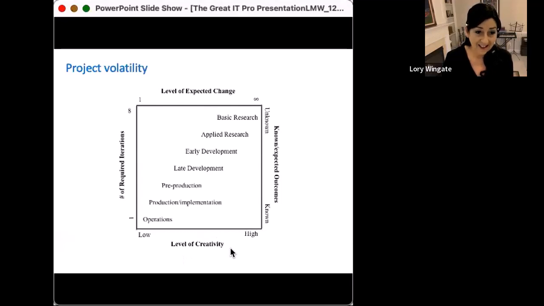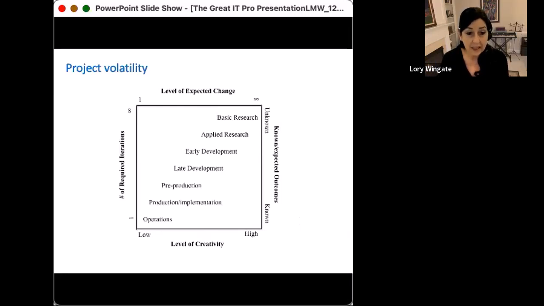Depending on where it is in the life cycle, that's easy or hard to do, to get that stability and to manage change. The closer it is to basic research, the harder it is to get that stability. You're going to have, as you go towards basic research, infinite numbers of changes, right?